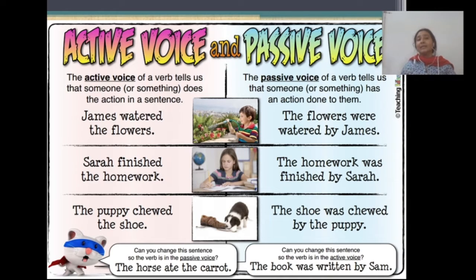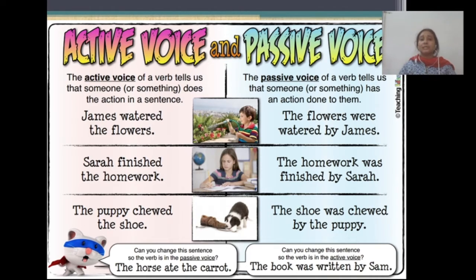Now, here we are interested in who is performing the action. So, James is performing the action, so it is said that the sentence is in the active voice. Now, if we convert this active to the passive, we are interested in what is being done, the action which is being performed. So, we can write: the flowers were watered by James.